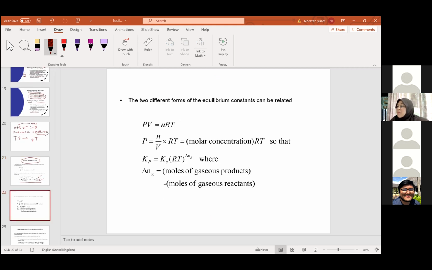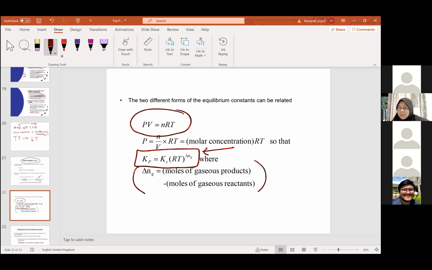And again, you can also relate PV equals nRT, and this is something you have to remember. The relation between Kp and Kc involves RT and delta n. Delta n is the moles of gaseous products minus the moles of gaseous reactants. So the relation between Kp and Kc is very important for you to remember.